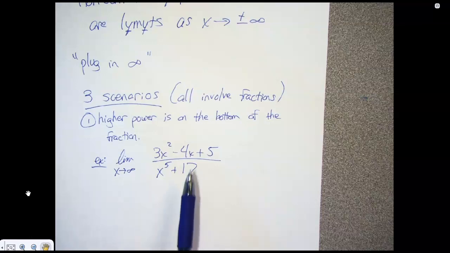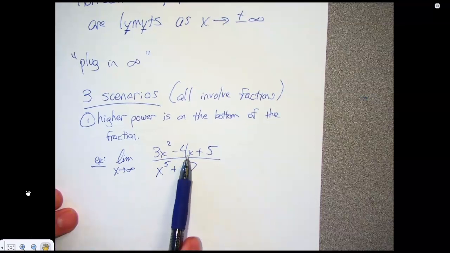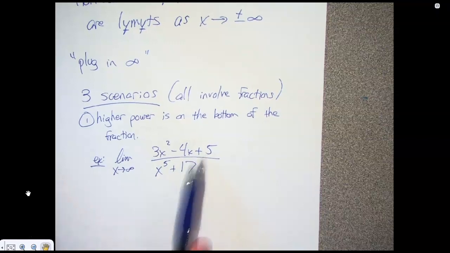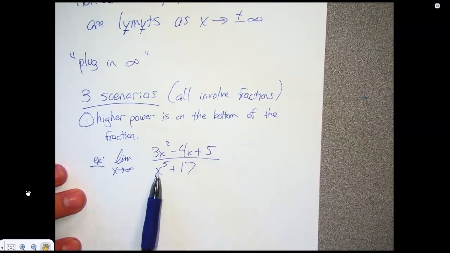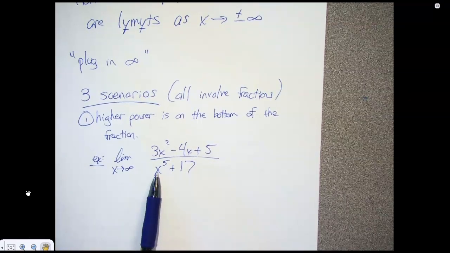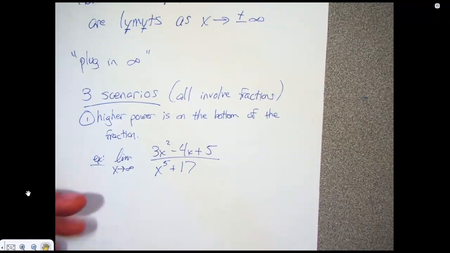At that point, subtracting 4 times the gigantic number and then adding this measly little 5, it doesn't even affect it. Because you made it so big, this stuff doesn't even matter. You take a gigantic number raised to the 5th power, it's enormous, and then you add 17. Is the 17 really going to have an impact at that point? You know what I mean? It's like you got this giant pile of sand, and you're like, here's one more.